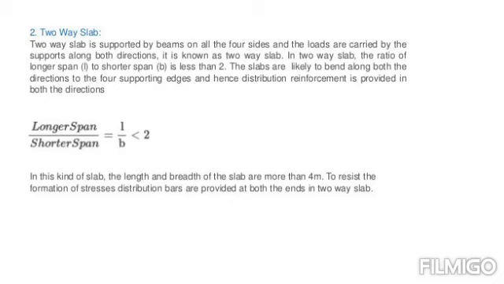The slabs are likely to bend along both the directions to the four supporting edges and hence distribution reinforcement is provided in both the directions. Longer span by shorter span should always be less than 2. In this kind of slab, the length and breadth of the slab are more than 4 meter. To resist the formation of stress, distribution bars are provided at both the ends in two-way slab.